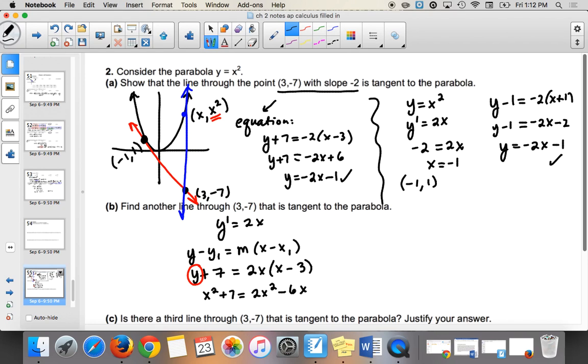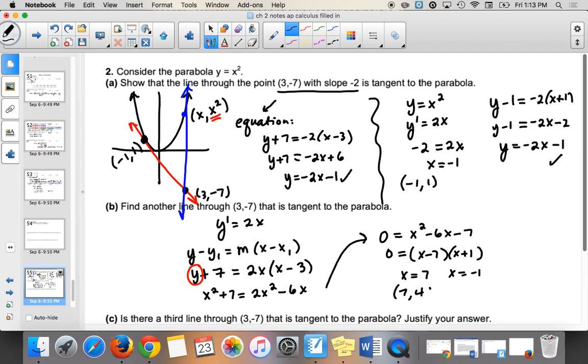And I get everything on one side, so I have 0 equals x squared minus 6x minus 7. And I factor. So I get x minus 7 and x plus 1. So I get x values of 7 and negative 1. So that's at the point 7, comma 49, and it's at the point negative 1, 1.